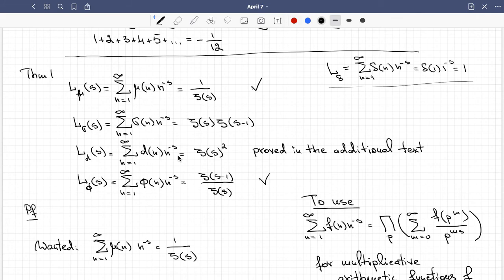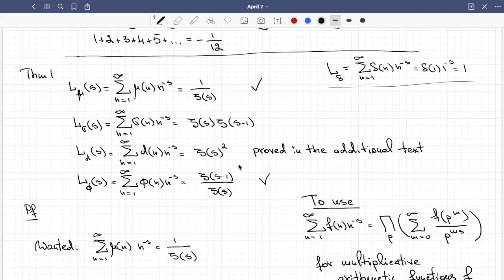Interesting or not is a matter of personal taste, but all of those which we have considered look familiar. They are tightly related back to Riemann's zeta function.